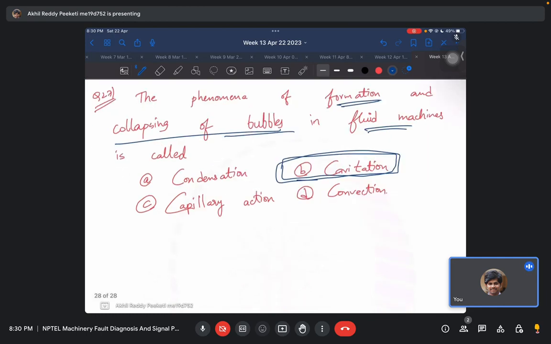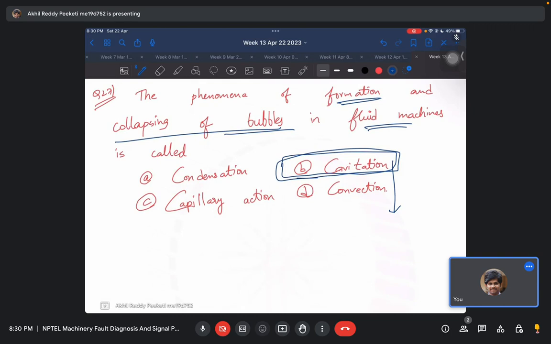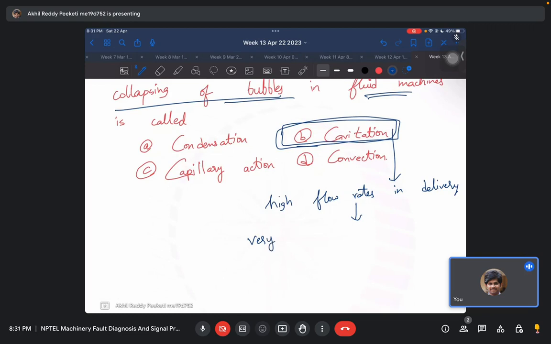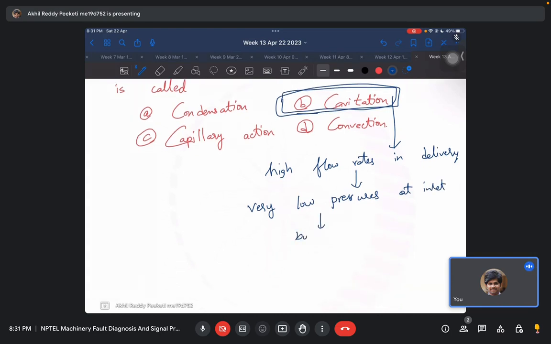So when you actually have high flow rates at delivery, it results in very low pressure at the inlet. So this forms bubbles which will burst again when they reach normal pressure zones, so basically at the inlet walls.